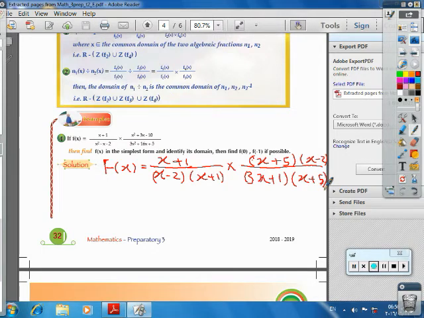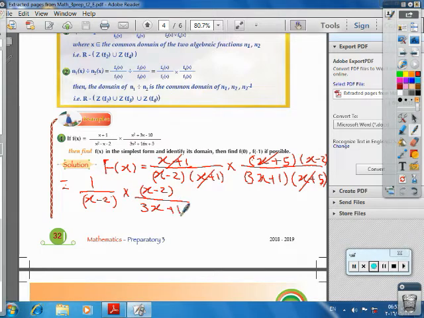Okay, now we can cancel brackets: x plus 1 with x plus 1 in the first fraction, x plus 5 with x plus 5 in the second fraction. Now, the numerator is 1 over denominator (x minus 2) times (x minus 2) over (3x plus 1).